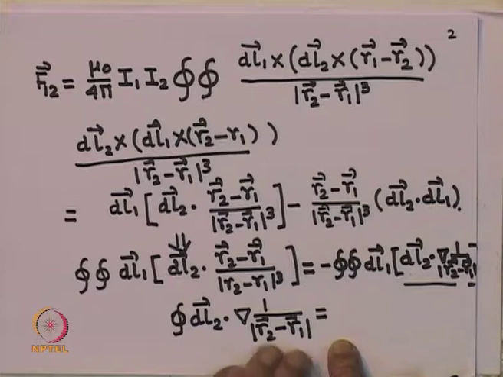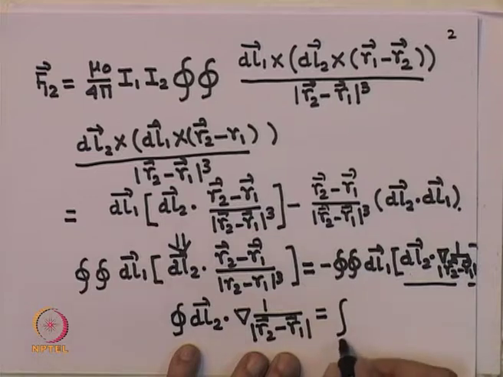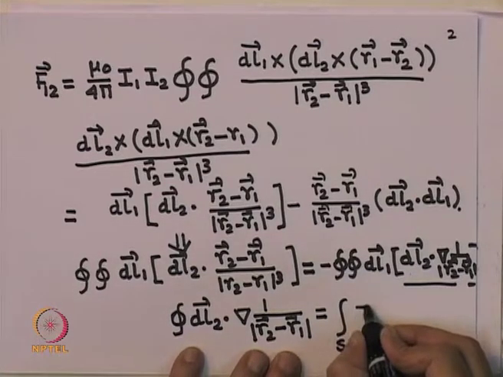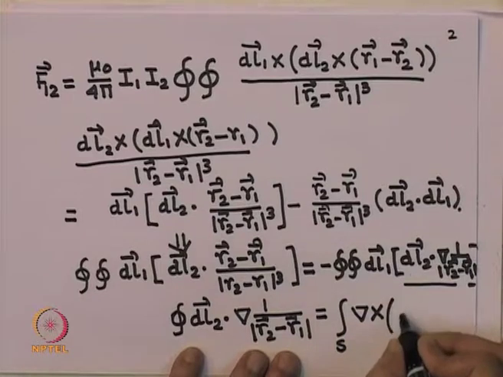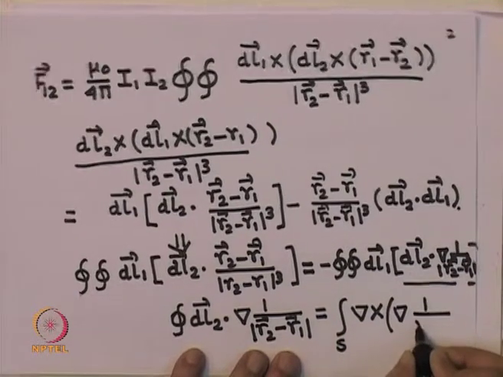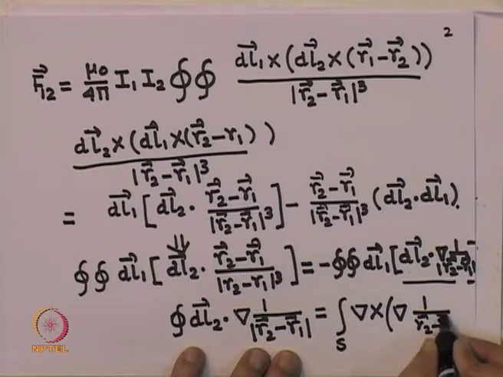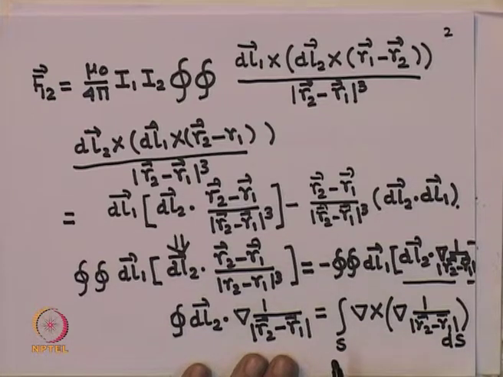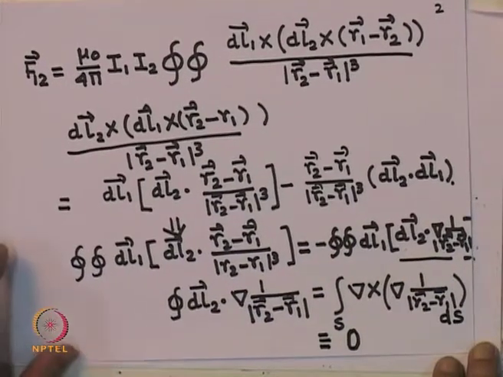So, therefore, I can write this, by using the Stokes theorem, as a surface integral of the curl of the same quantity, over dS. As you know, the curl of a gradient is always 0. So, this expression is identically 0. So, that tells you that F12 and F21 are oppositely directed.